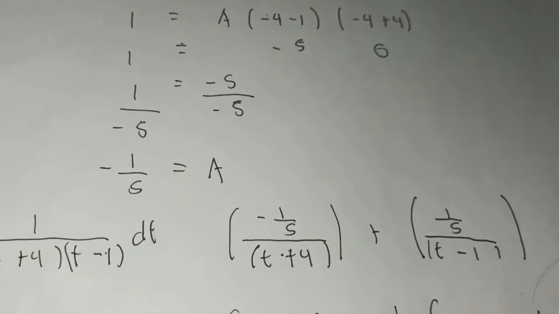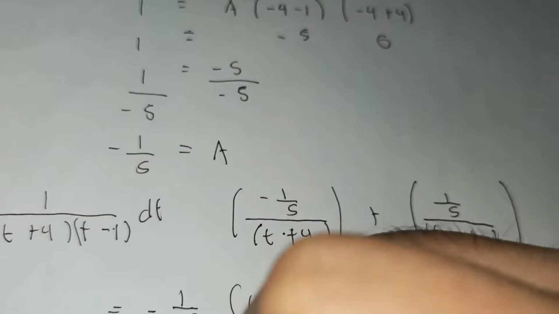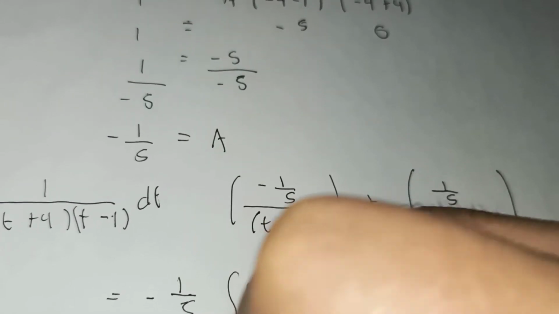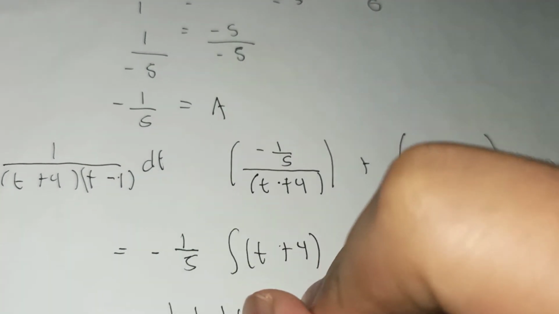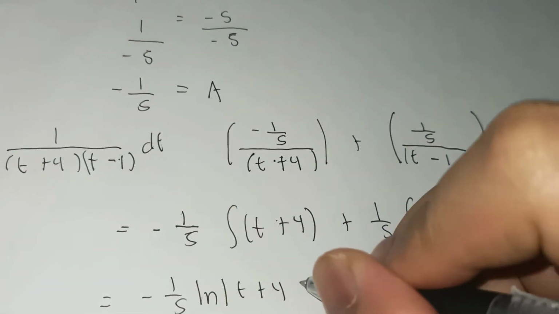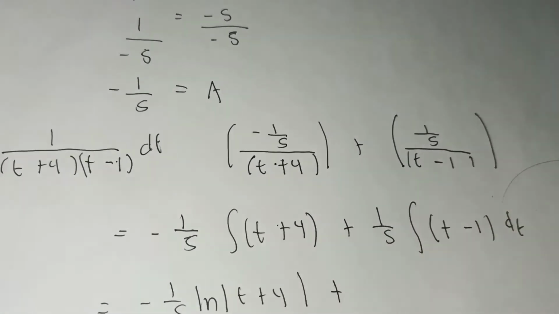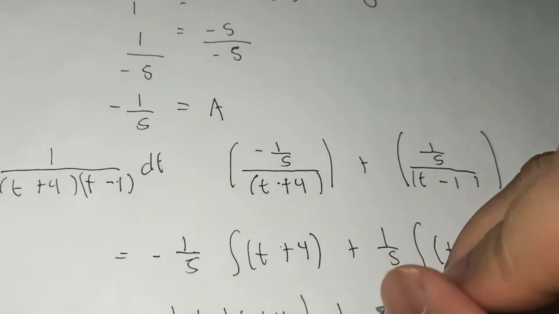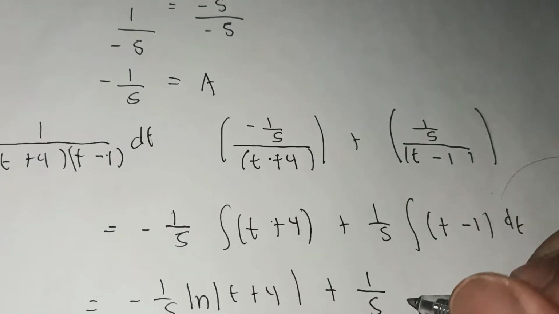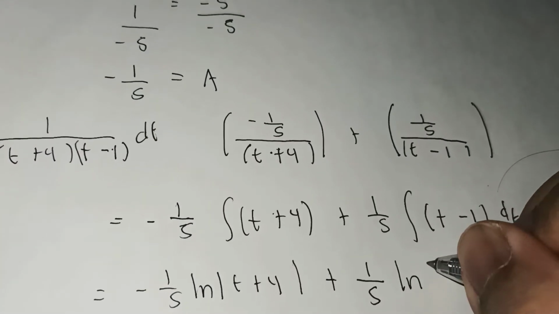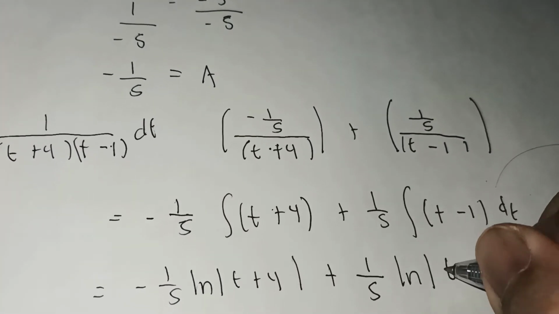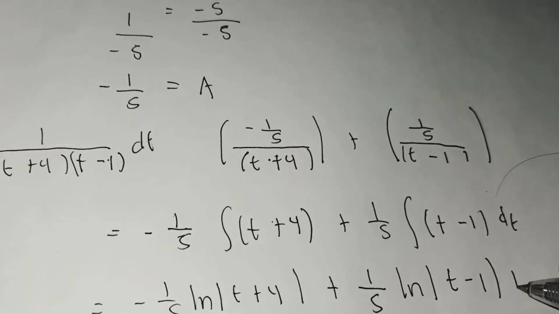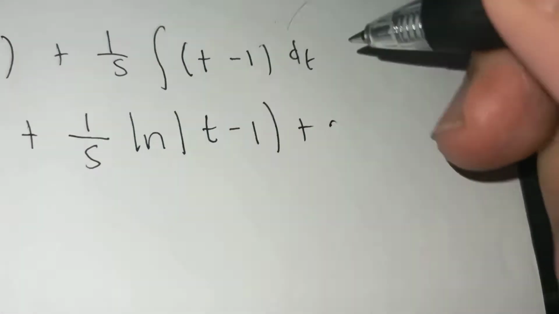Now let's just solve. It goes to negative 1/5 ln of t plus 4 plus 1/5 ln of t minus 1 plus the arbitrary constant.